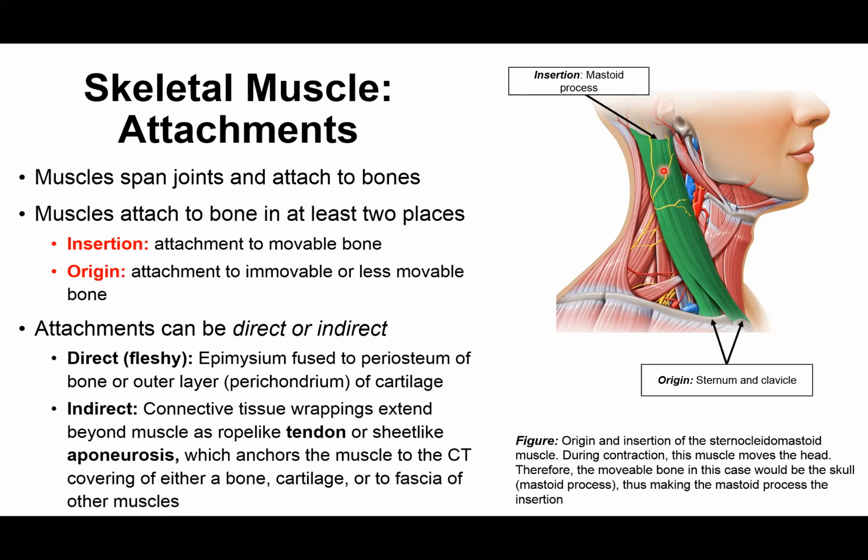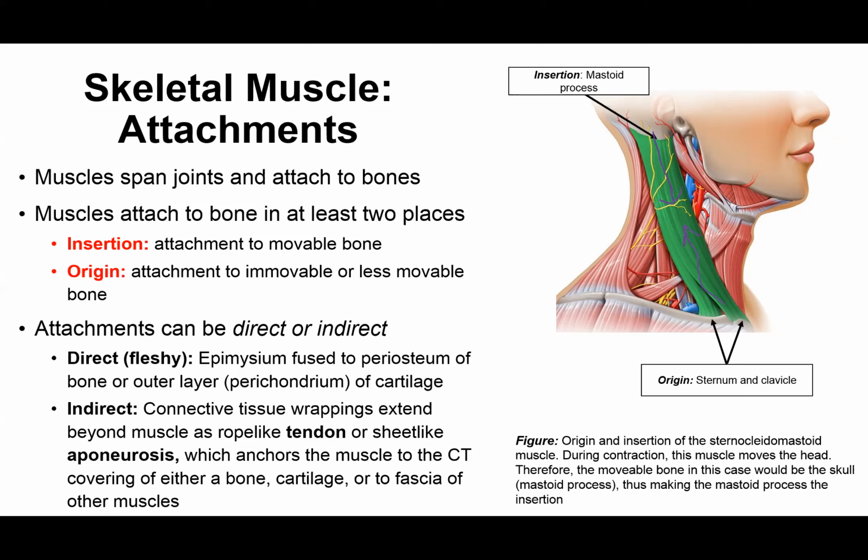So when the muscle contracts, it gets shorter. You can imagine it's pulling down this way. That turns our head that way. All right, so let me just kind of draw this in really quick. If this muscle shortens, it's going to get shorter this way. Okay, and it's going to get shorter this way.